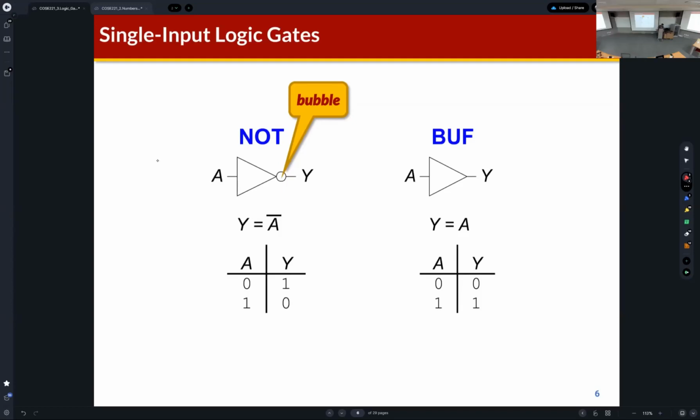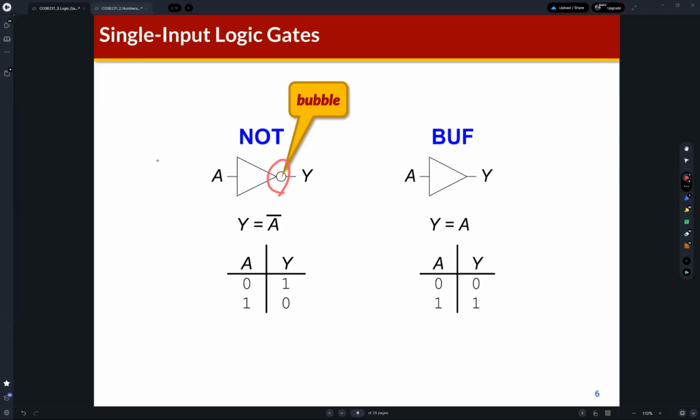You can find a small circle at the output of the NOT gate. If we use a buffer, there is no small circle, but in the NOT gate we find a small circle.